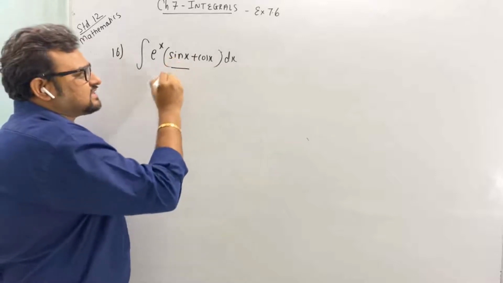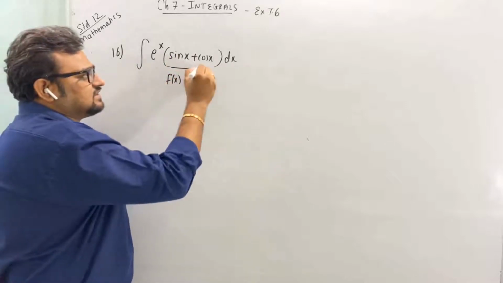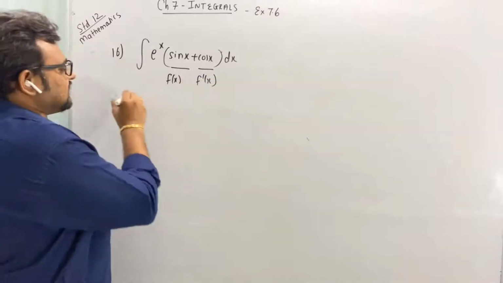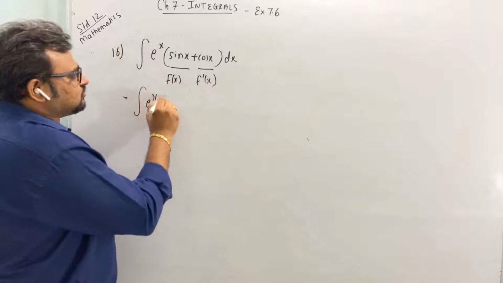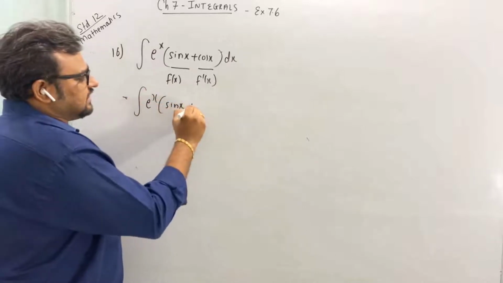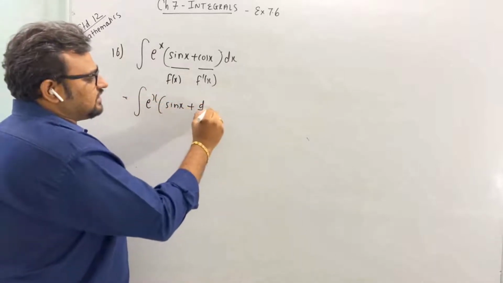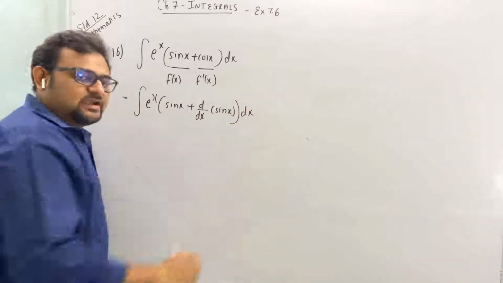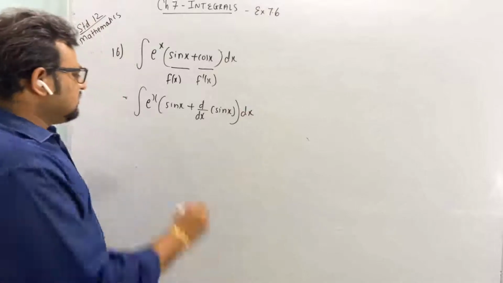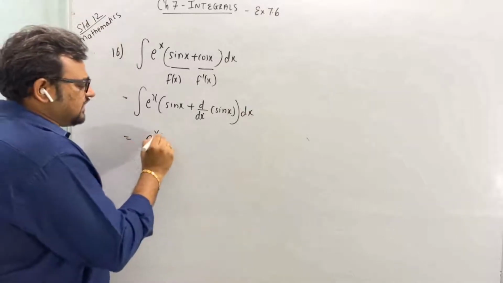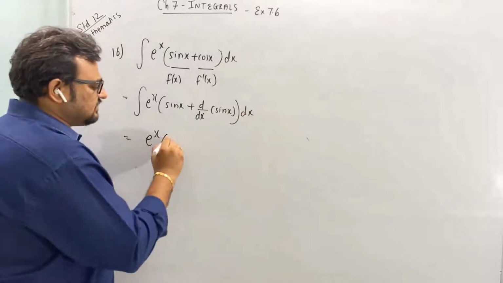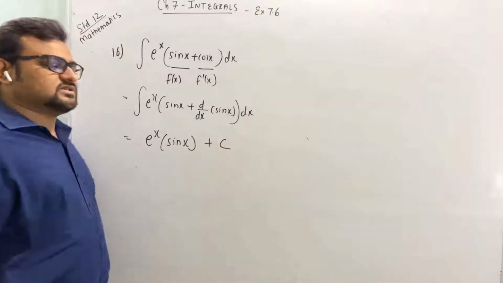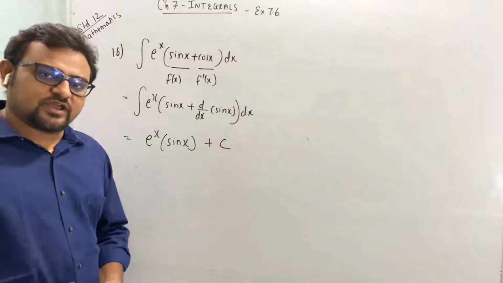But if I take sin x as f(x), the derivative of sin x will be f'(x). So I can write it down as e raised to x times sin x plus d by dx of sin x, dx. So this will be equal to e raised to x f(x) plus c, that is e raised to x sin x plus c.